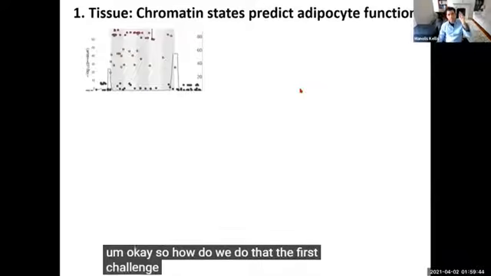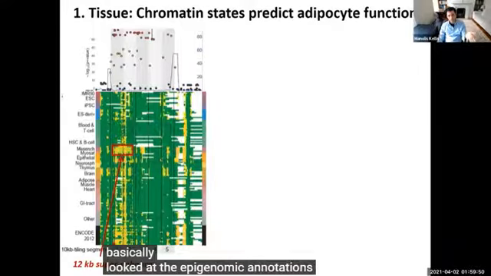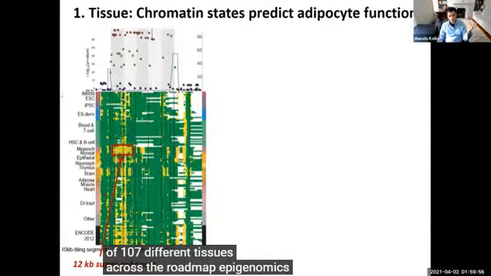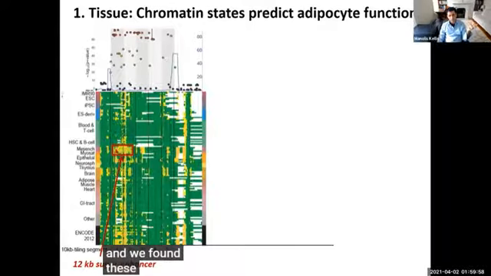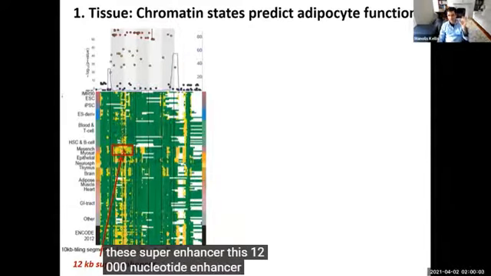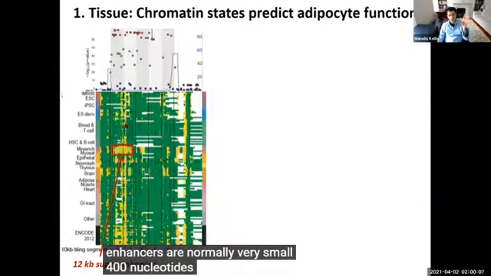The first challenge is the tissue. And that's where we looked at the epigenomic annotations of 107 different tissues across the Roadmap Epigenomics project. And we found this super enhancer, this 12,000 nucleotide enhancer control element. Enhancers are normally very small, 400 nucleotides, maybe 1,000 if you're really lucky.